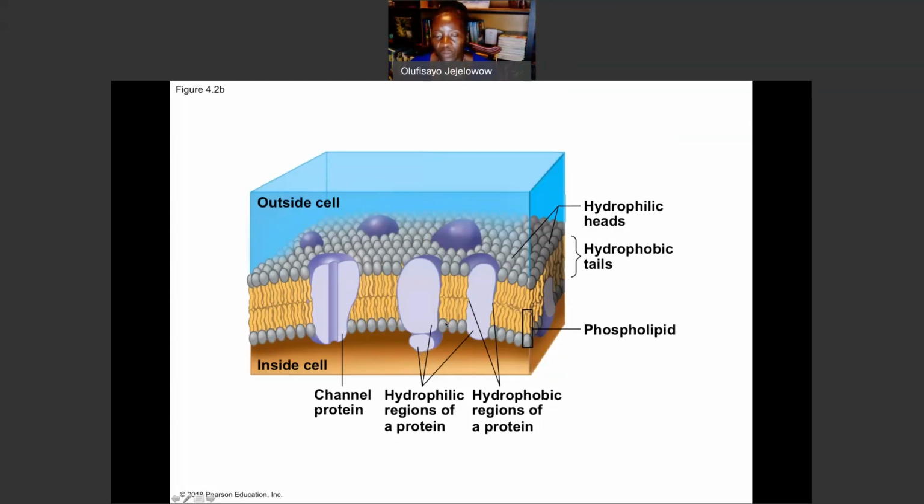And the hydrophobic protein regions are wrapped by the hydrophobic part of the membrane. Some of the protein channels typically move materials not by active transport, but we also have proteins that actively transport materials across the membrane. So, hydrophobic tails, hydrophilic heads. This is a phospholipid: phosphate head, and lipid, diglyceride, and lipid.